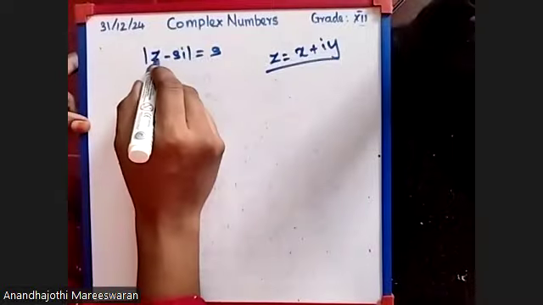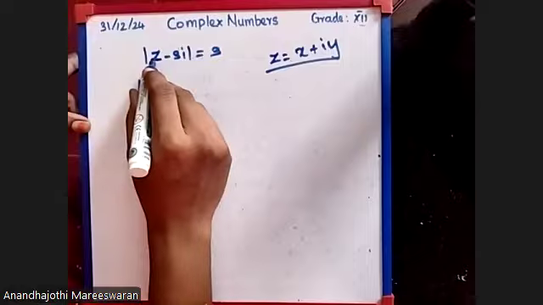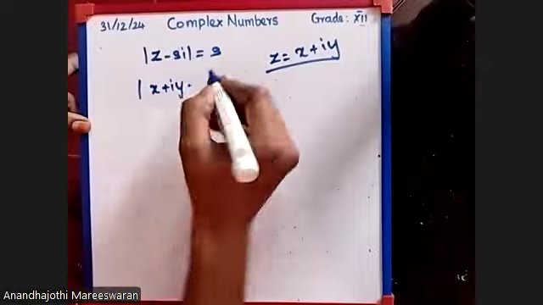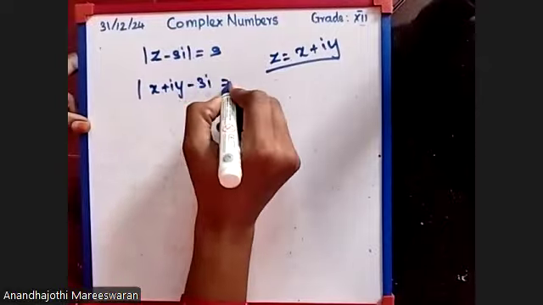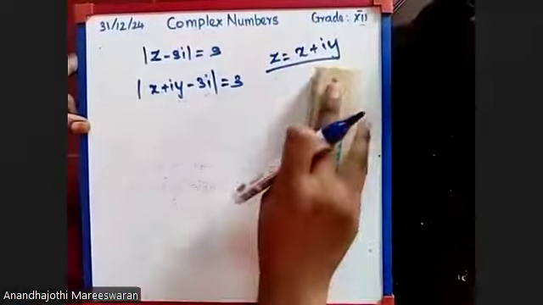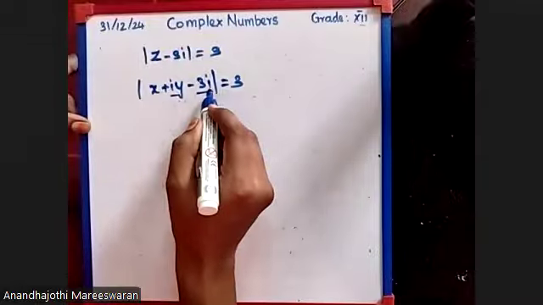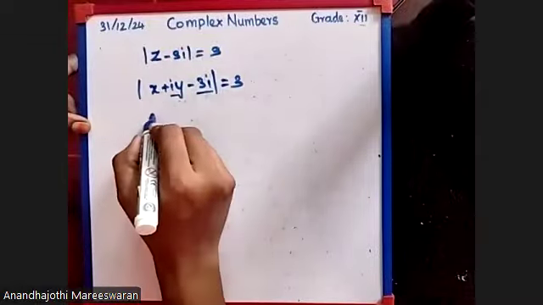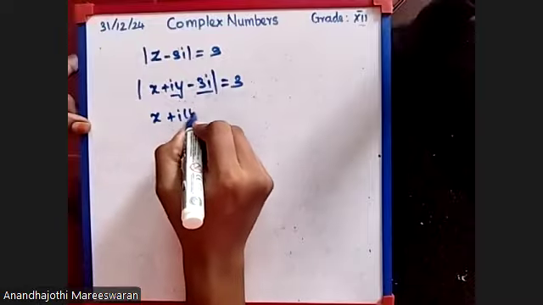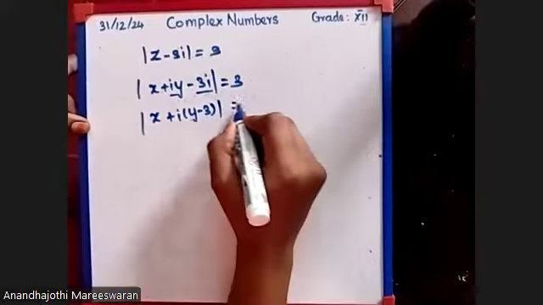Modulus of z is replaced by this: modulus of x plus iy minus 3i equals 3. In both terms i is common, so I will take it common. So modulus of x plus i times y minus 3 equals 3.